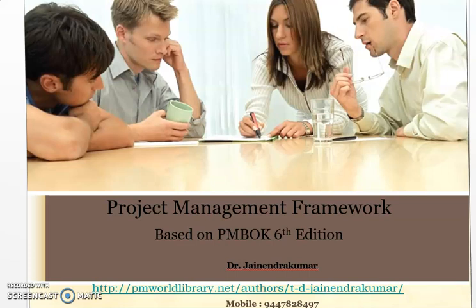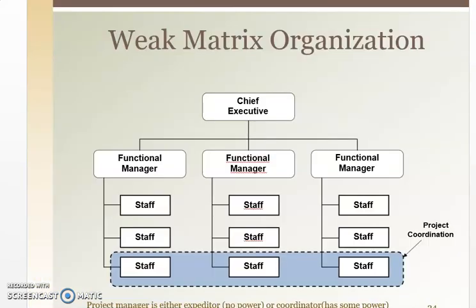Then comes the weak matrix organization. This is almost the same as the functional organization. Here also there is a project coordinator sitting at this level, and he has these staff members, and within this limit he is functioning with the project.